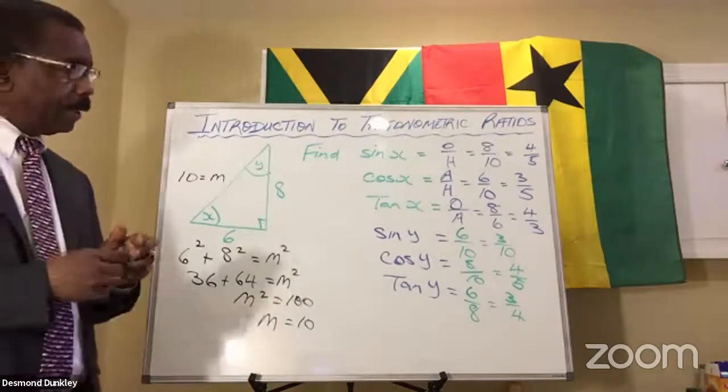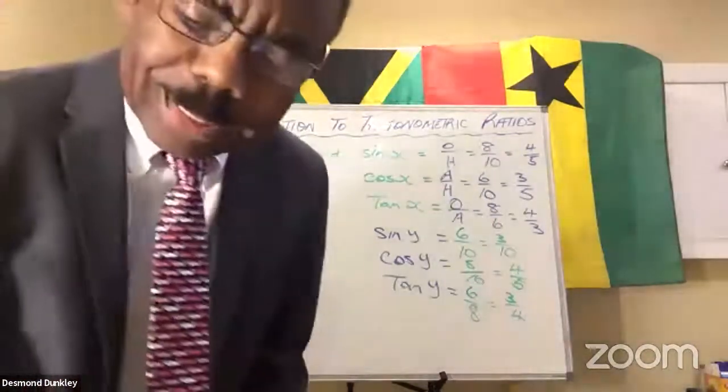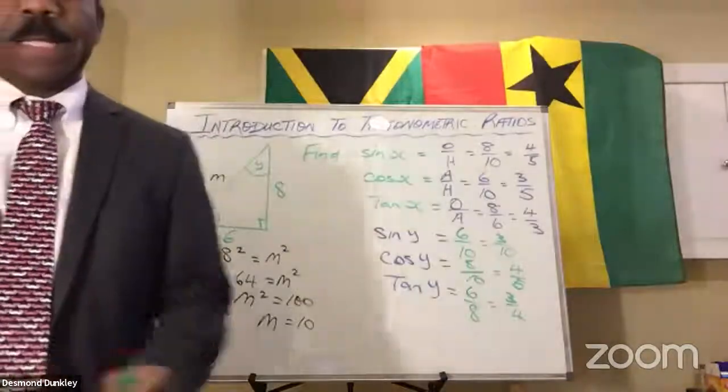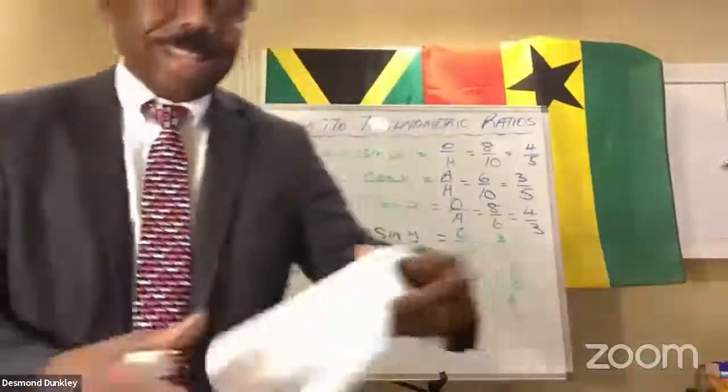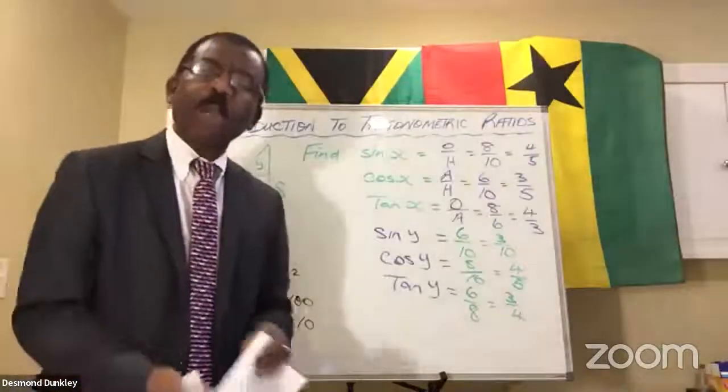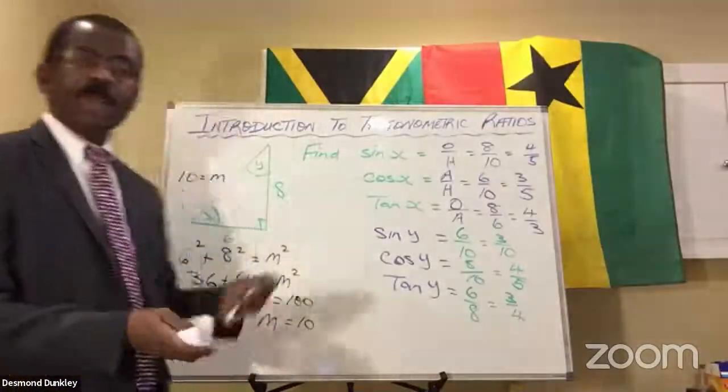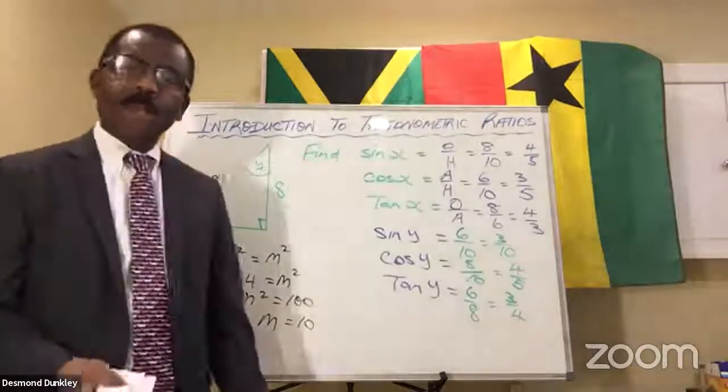Okay? So now that's your first question introducing you to the trigonometric functions, trigonometric ratios, and how we could apply them to a given right triangle. Let's try another one.